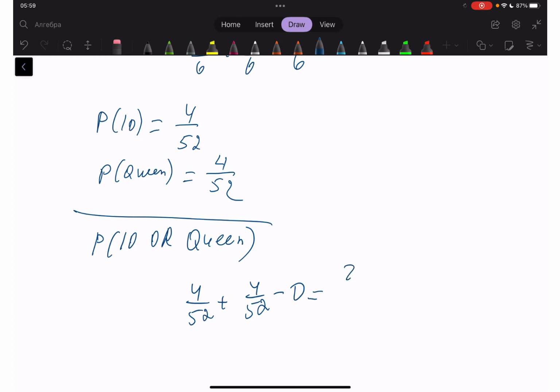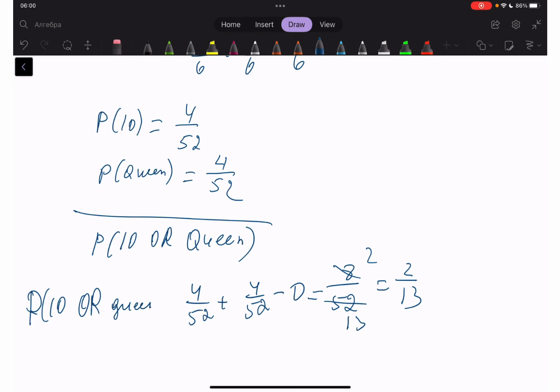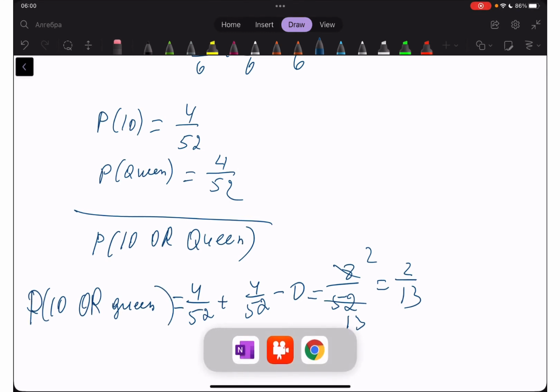It's going to be 8 out of 52, right? If we reduce by 4, it's going to be 2 and it's going to be 13. So 2 over 13. And this is probability of 10 or queen. 2 over 13.